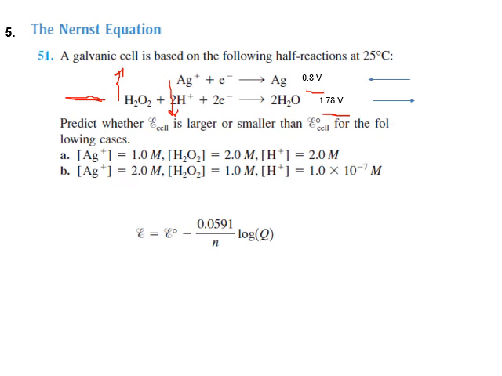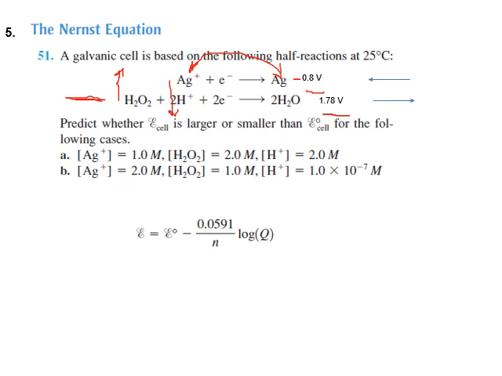Then we reverse the silver one so that we would write the Ag, the metal, over here, and the Ag+ over here, and we would also have to reverse the voltage. So this would become minus, and when we add these together, it's about 1.8 volts minus 0.8 volts, so it would be about 1 volt. It wouldn't be exactly that, but about that. So about 1 volt would be the standard cell voltage.